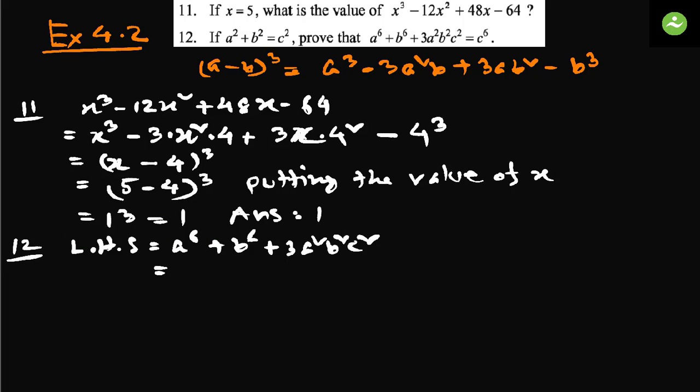Okay, we know a corollary. a cube plus b cube equals (a plus b) whole cube minus 3ab into (a plus b).